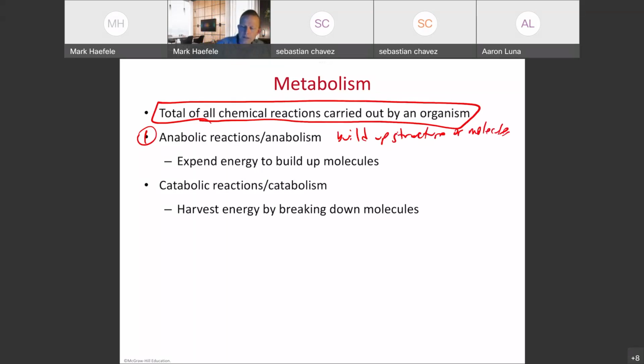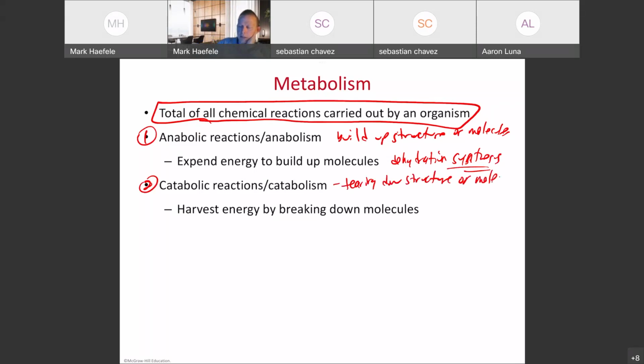So for instance, an anabolic type of reaction would be dehydration synthesis, right? You're building polymers, you're building structure with it. So that would be an anabolic type of thing. Catabolic then is the other flip side of it. This is basically tearing down structure or molecules.